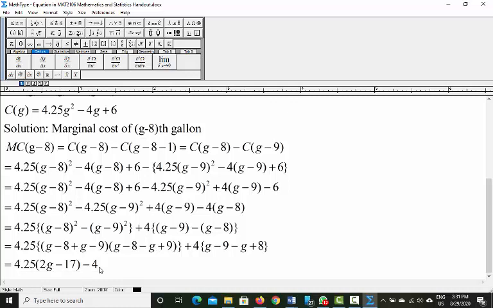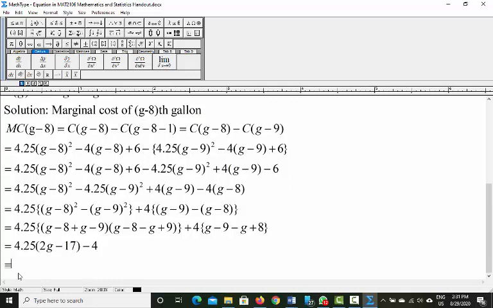So this is equal to 4.25 multiplied by 2g minus 17. 4.25 multiplied by 2g is equal to 8.5g, and minus 4.25 times 17, that is 72.25.